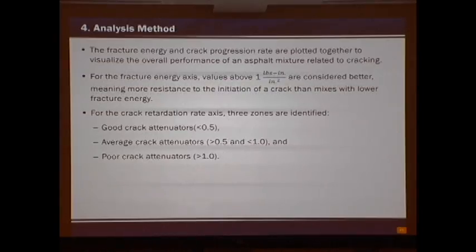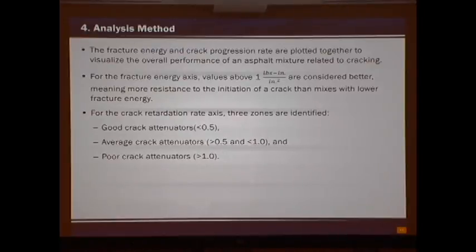So what does that mean? We took the fracture energy and the crack progression rate and plotted them together to give us a visualization of the overall performance of the asphalt mix. For the fracture energy axis, values above 1 were considered better, meaning they had more resistance to the initiation of the crack than mixes with lower fracture energy.